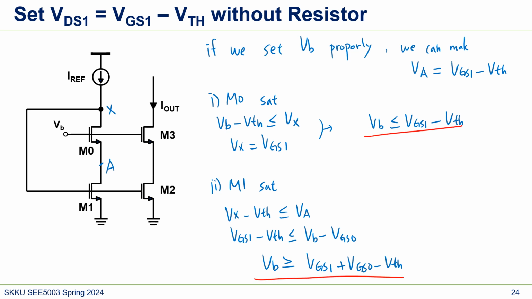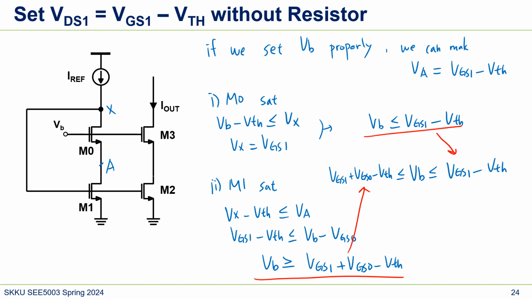If we merge those two, VB should be larger than VGS1 plus VGS0 minus VTH, and it should be smaller than VGS1 plus VTH because of this equation.